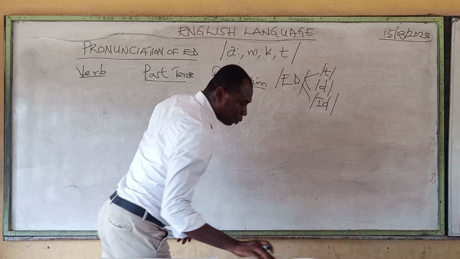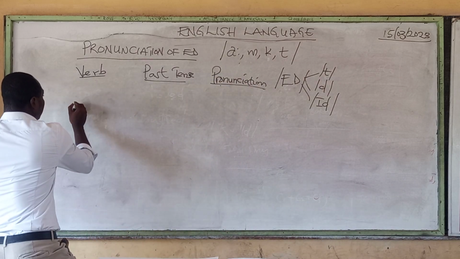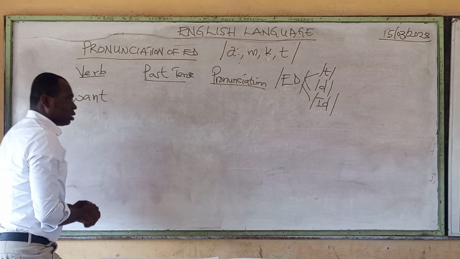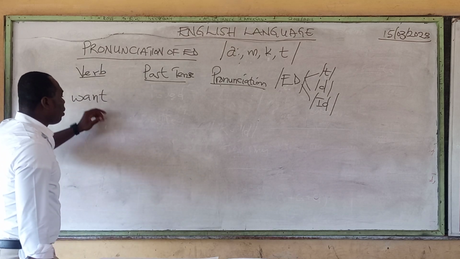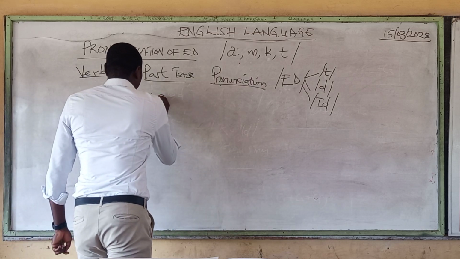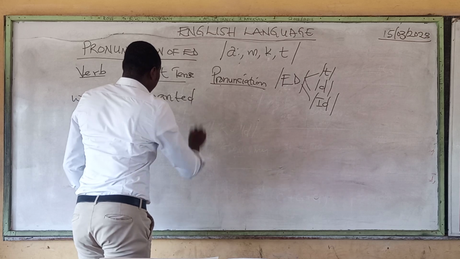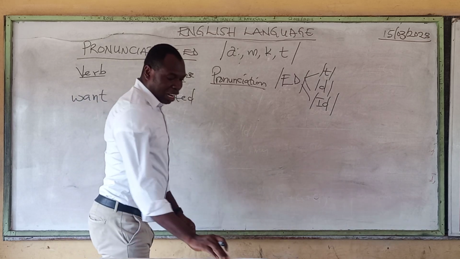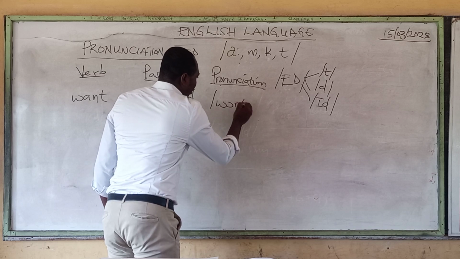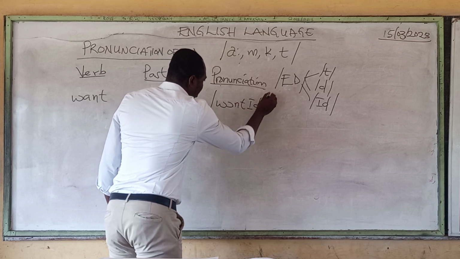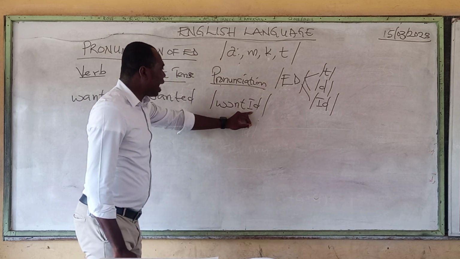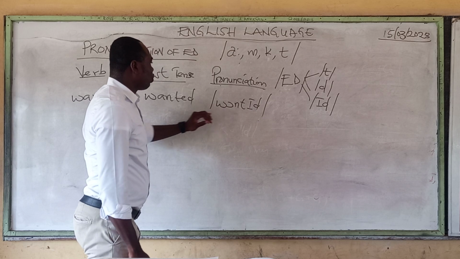Let's look at some examples. Want is ending with the sound t. So the past, when we transcribe it, the ED is pronounced as id. So it becomes wanted.